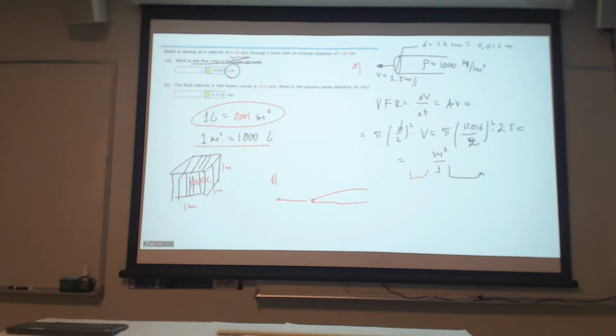So if you had speed number one 2.5 meters per second, now it should change. Speed number two should be higher. Yeah, it is higher. So the nozzle should be narrower. Basically, you are calculating the diameter.